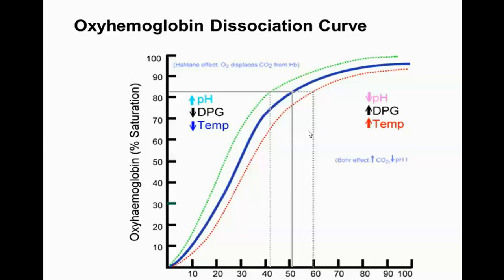Can you expect the curve of fetal hemoglobin? High affinity, yes. Excellent. So it will be left or right? Left. Excellent. How do you expect it? The curve will be almost a right angle.